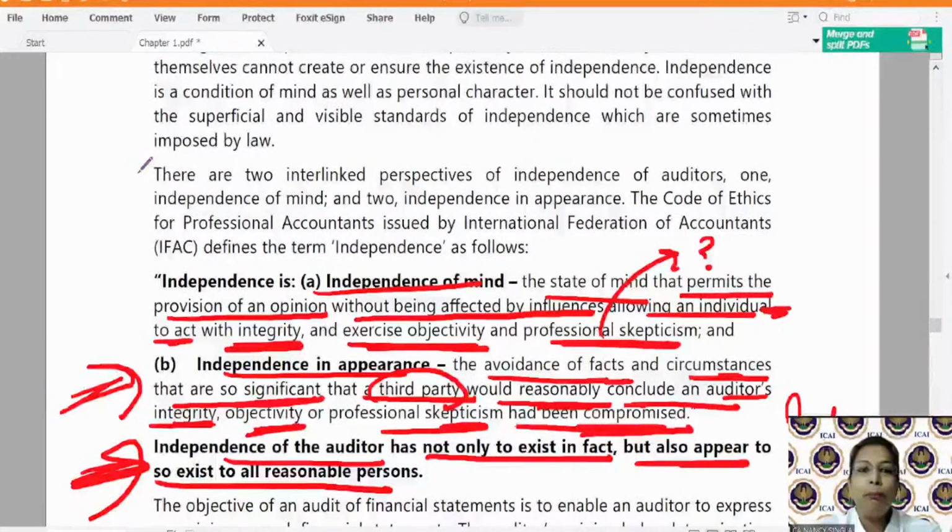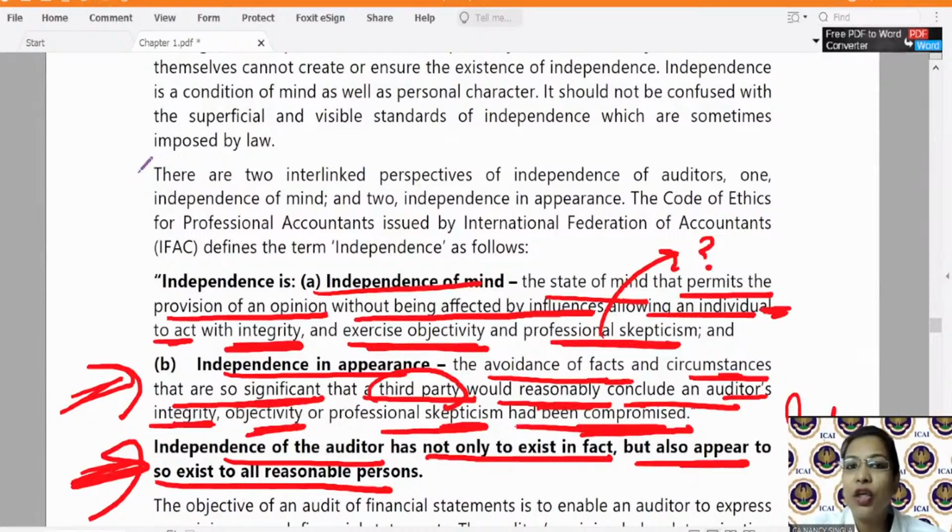So it says that merely by forming the rules, independence cannot be ensured. Independence is a condition of mind as well as a personal character. So unless and until an auditor feels that yes, he should be independent, unless and until he has a state of mind whereby his influence is not affected by the persons who have appointed him, and whereby he is able to act with integrity, that is he's straightforward and honest, objectivity, that is he's not biased, and professional skepticism.